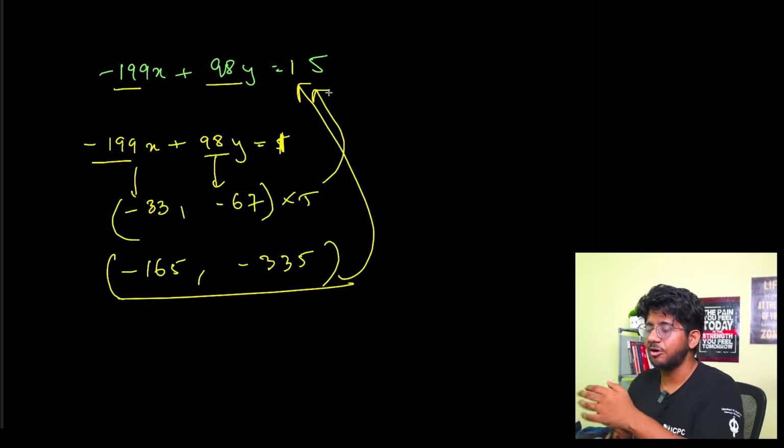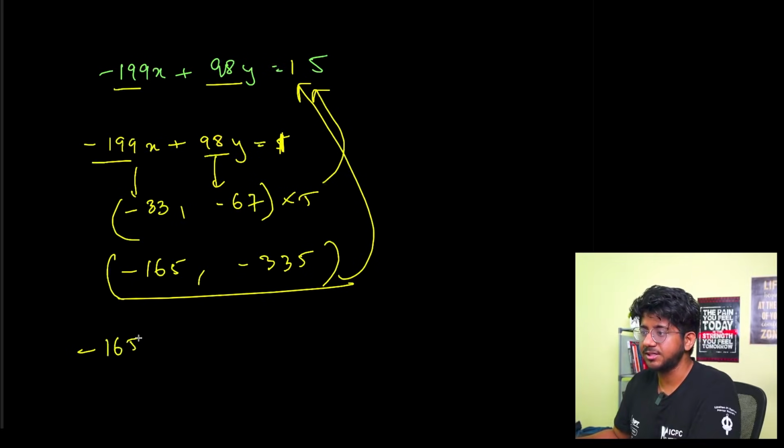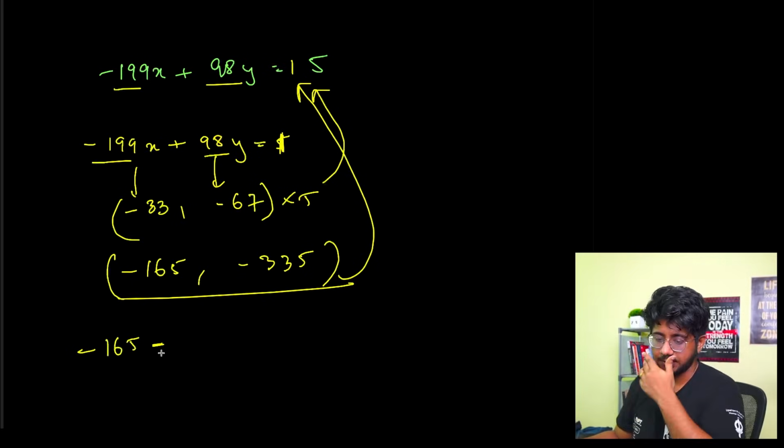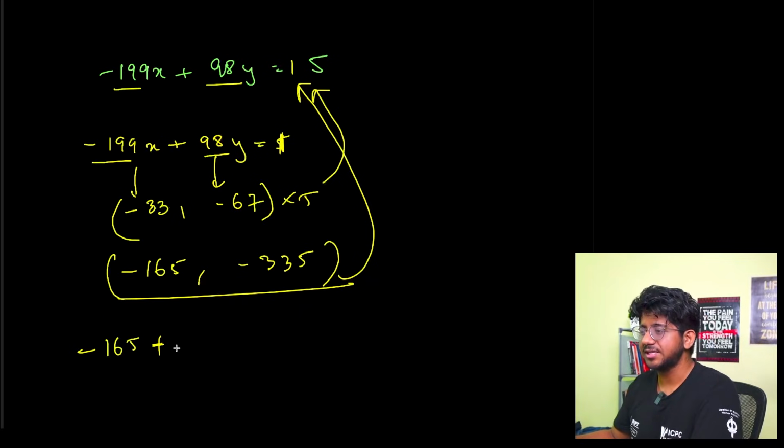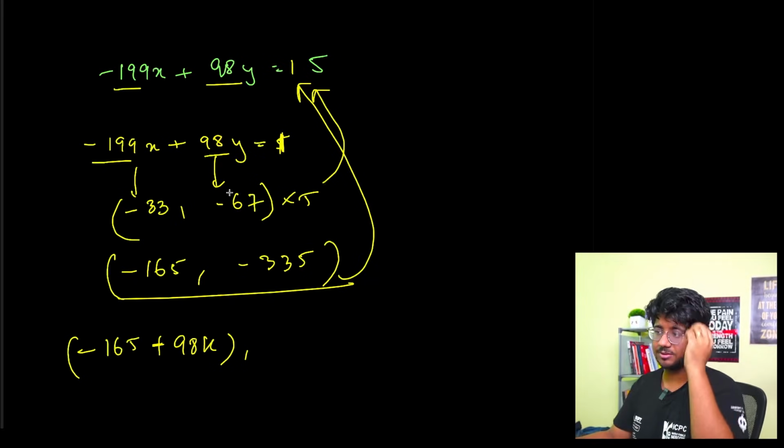What is the general format in that case? I can simply write the general format: x as minus 165, and GCD is 1, so we can put this as plus 98k, because it generally is b by GCD.